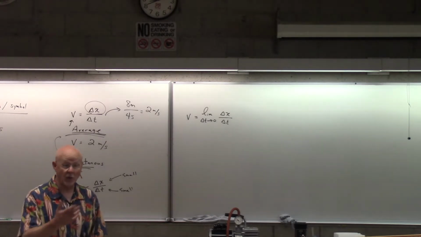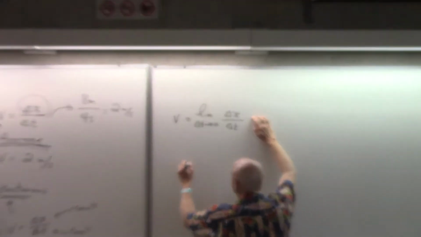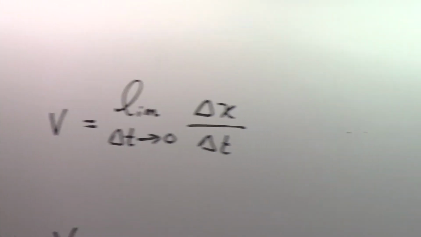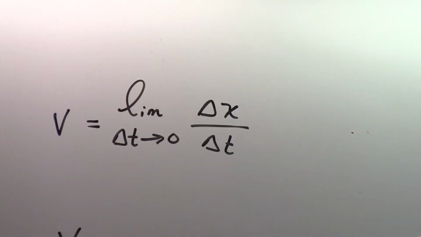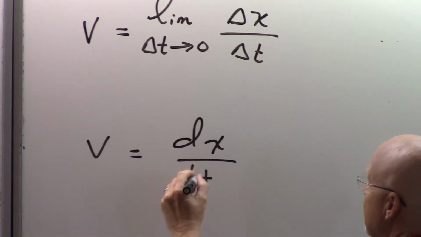In fact, I'll even take it one step further. The limit as time goes to 0 of this, you would call the derivative. And so dx/dt.